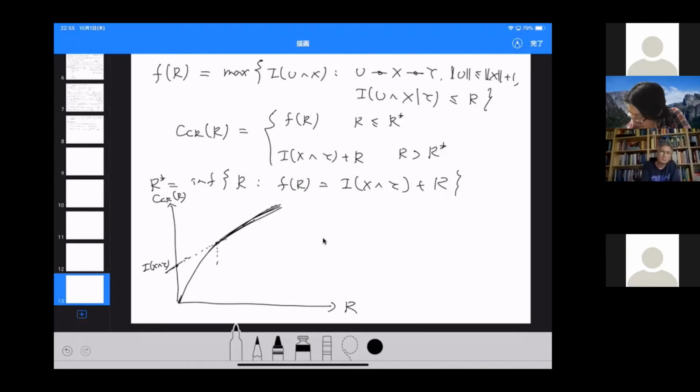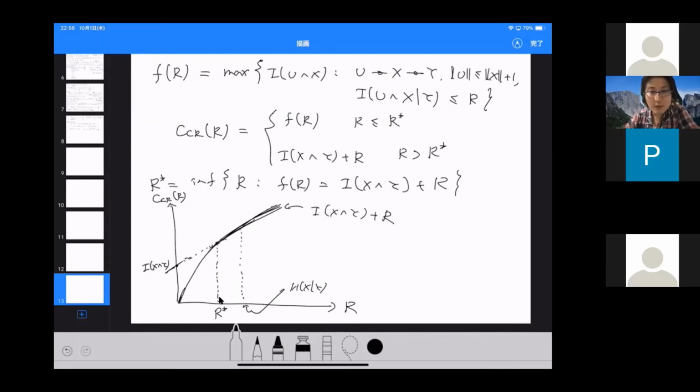So this critical rate R star is the point where this curve touches this straight line for the first time. And in general, this critical rate is less than the conditional entropy of x given y. This straight line is this one. Any question so far? Can I continue?